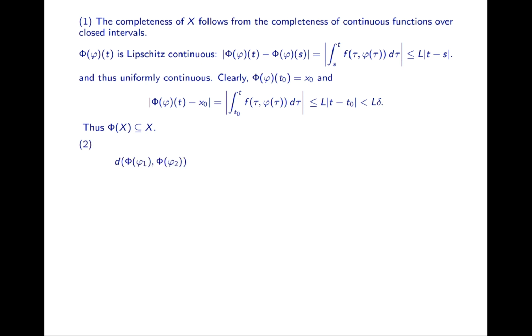Now we need to show that phi is a contraction, right? Result 2. The distance between big phi of little phi 1 and big phi of little phi 2 is equal to, by definition, the supremum over all t in my interval of the difference between big phi of little phi 1 and big phi of little phi 2 evaluated at t.